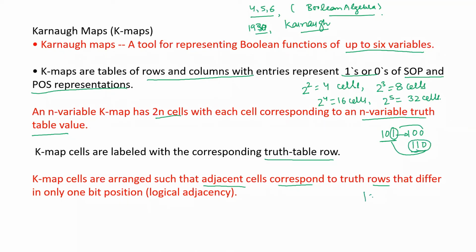If you have 100, then its previous can be 110 and its next can be 101. So only a one-bit change is possible.